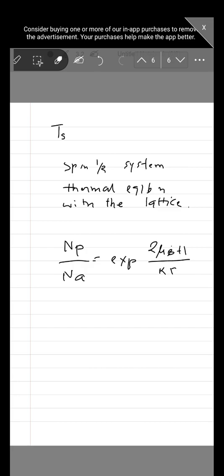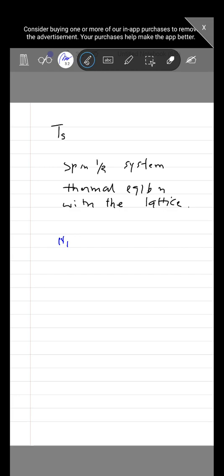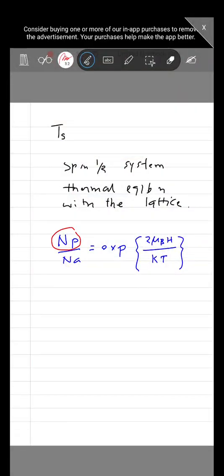So let's write it more clearly: NP by NA is equal to exponential of 2 mu H by kT. So NP corresponds to the number of spins which are parallel, and NA corresponds to the number of spins which are antiparallel.